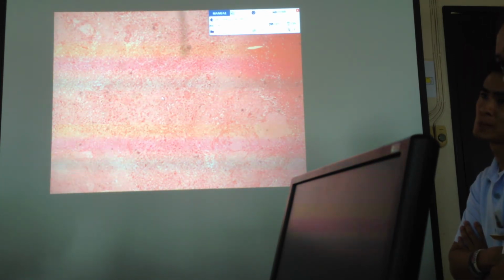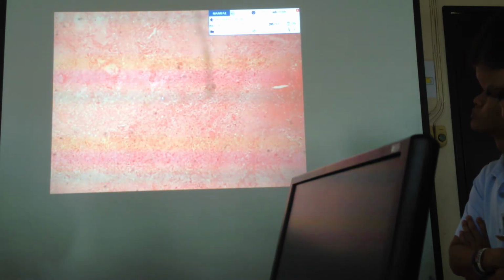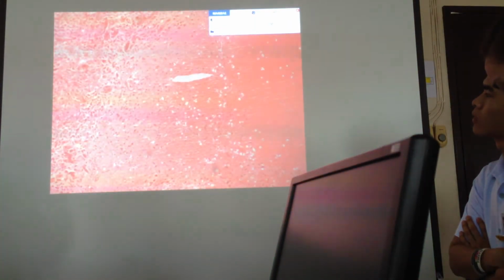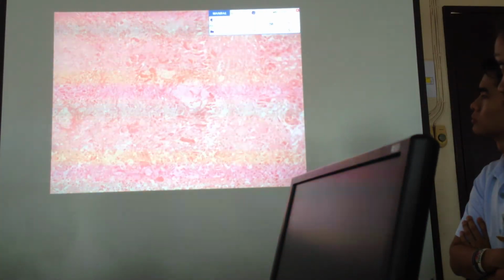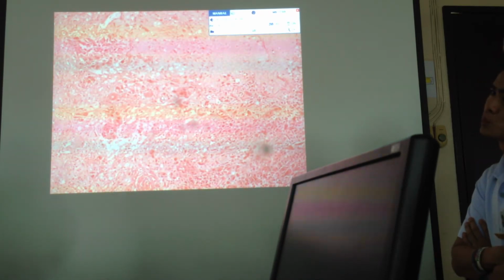Choriocarcinoma is highly malignant. Okay? It's aggressive. It can eat up the entire myometrium. Okay, so choriocarcinoma would be a mixture of the different forms of trophoblast. Meron actually tatlo.